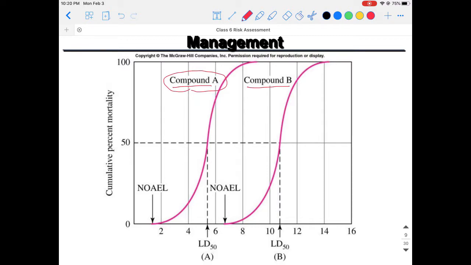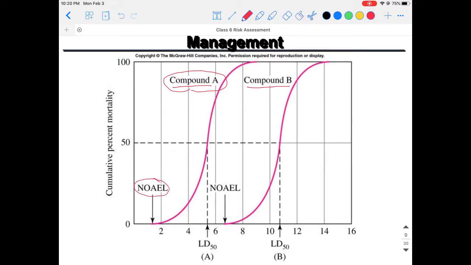It should be A, right? That's because for A, you need only a lower concentration to reach 50% of the lethal dose. The lethal dose corresponding to 50% mortality is lower for A, so compound A is more risky.